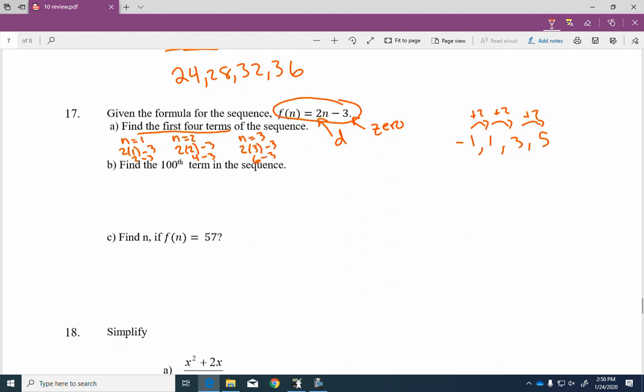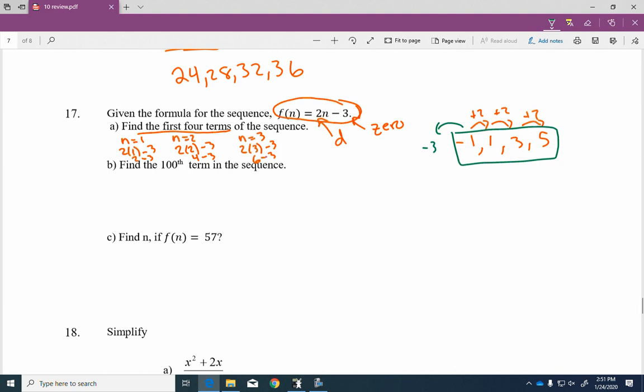I said that this was a 0 term. If I back this up by 2, don't I get a -3? It's all matching everything we talked about. So the first 4 terms are -1, 1, 3, and 5. And you can find them by plugging in a 1 for the first term, a 2 for the second term, a 3 for the third term, and so on.